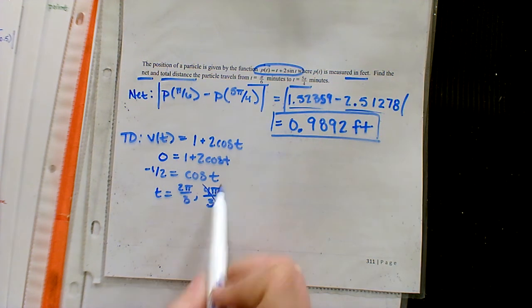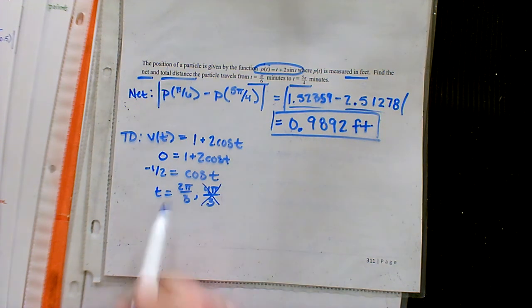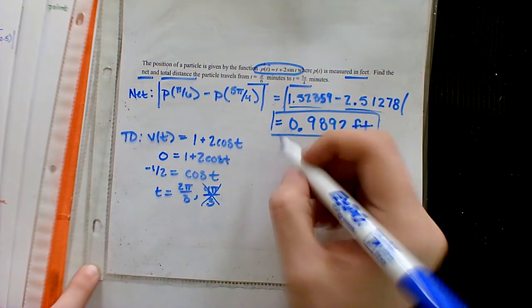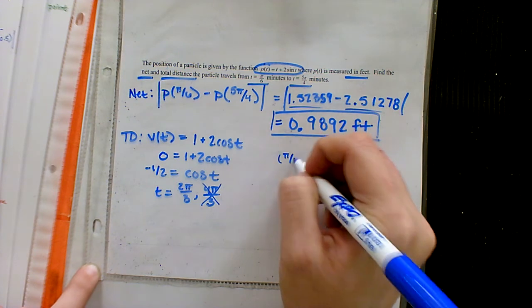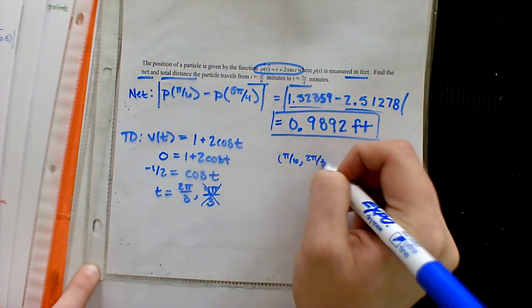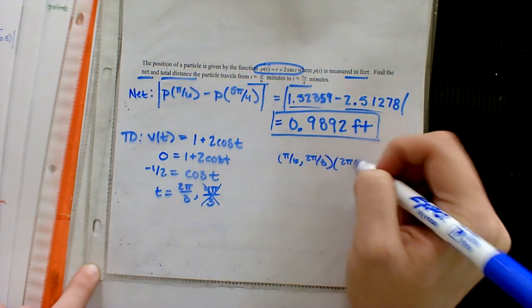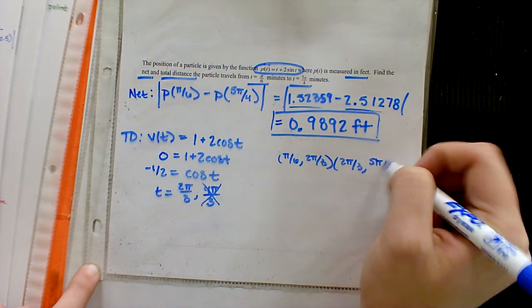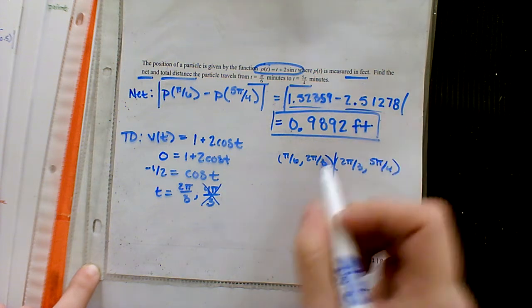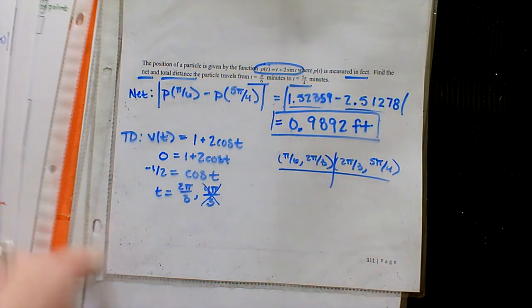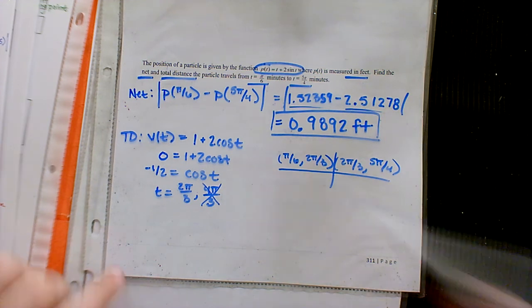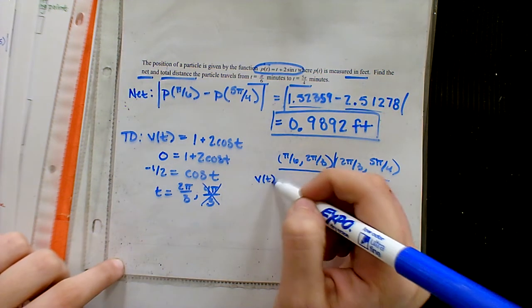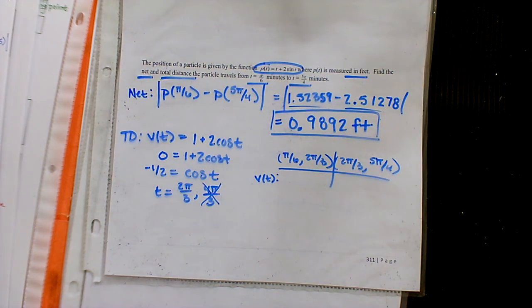So this one we actually don't have to worry about. So let's test this one. We'll do pi over 6 to 2 pi over 3, and then 2 pi over 3 to 5 pi over 4. All right, can we think of an easy radian value between pi over 6 and 2 pi over 3?